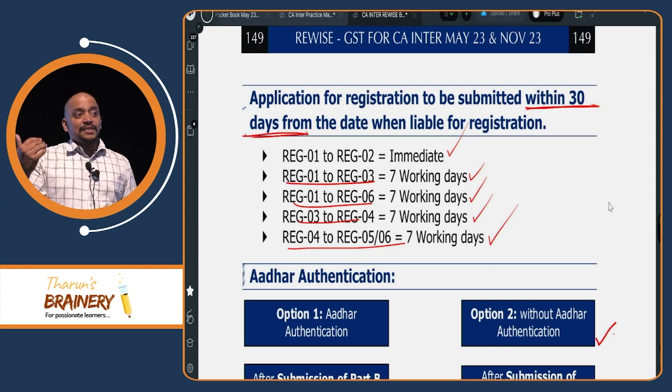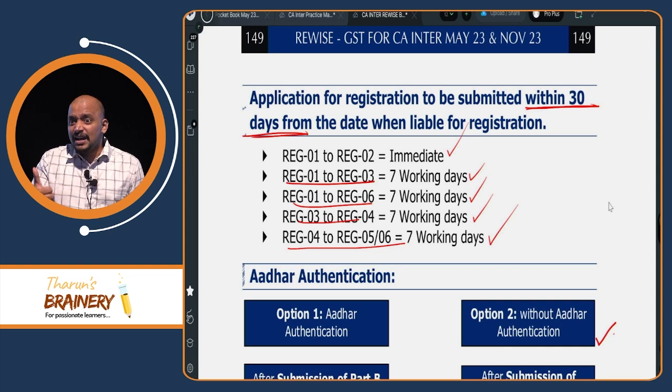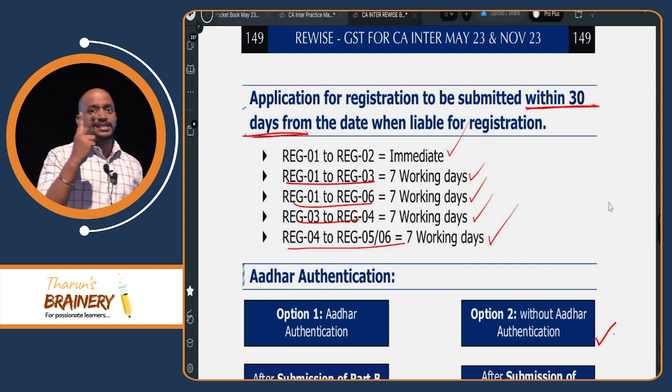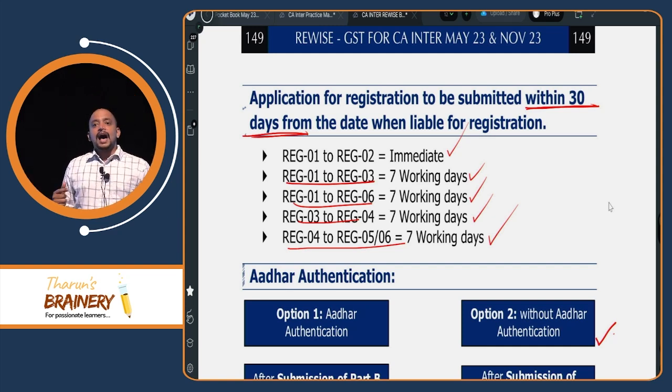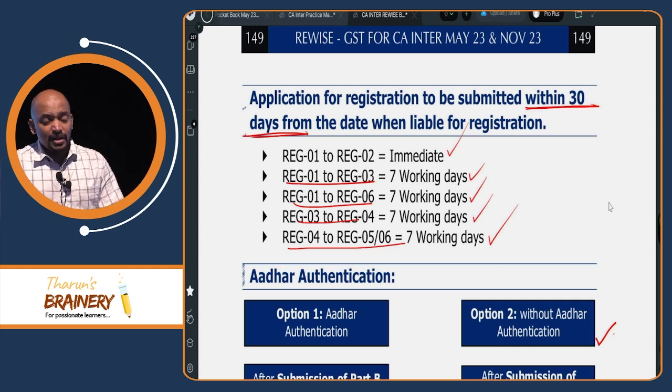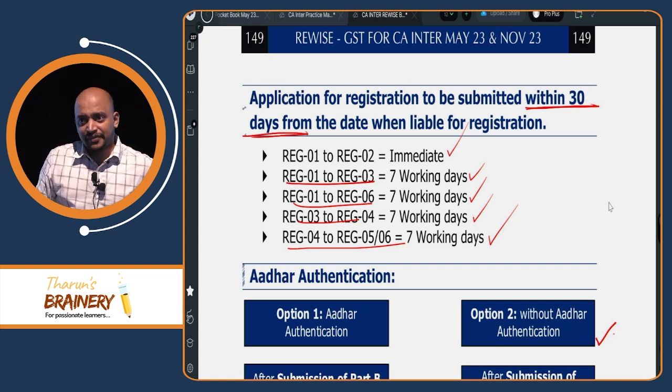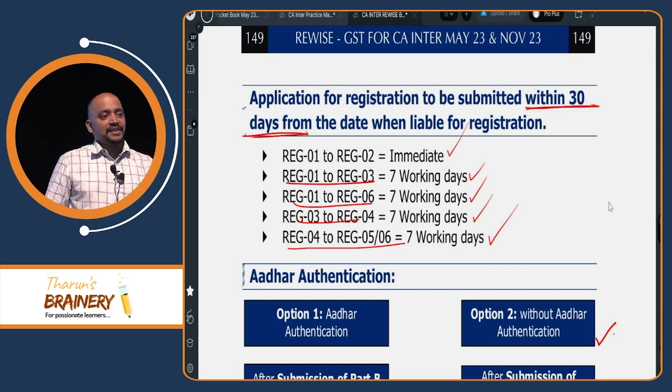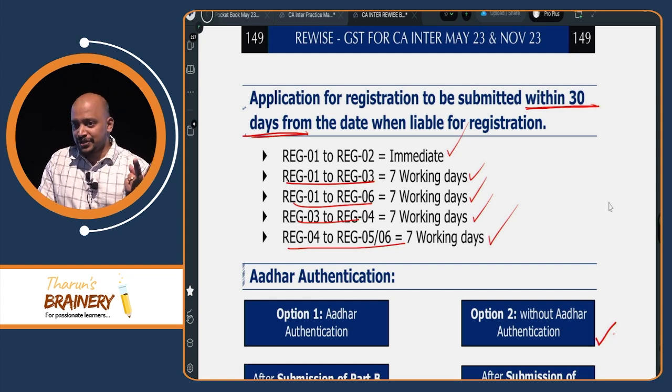And within 7 working days, neither rejection of application nor certificate of registration. Then also deemed registration. So tell me, second deemed registration: after reply to notice, neither rejection nor certificate of registration within 7 working days, then also deemed registration.